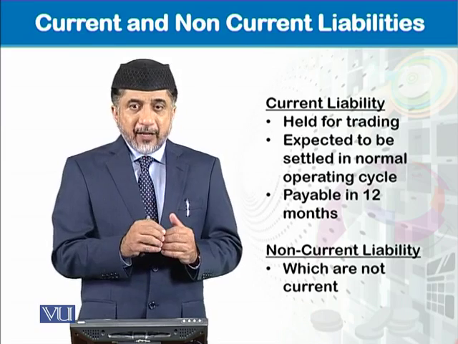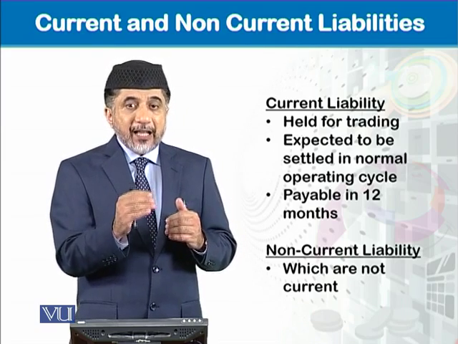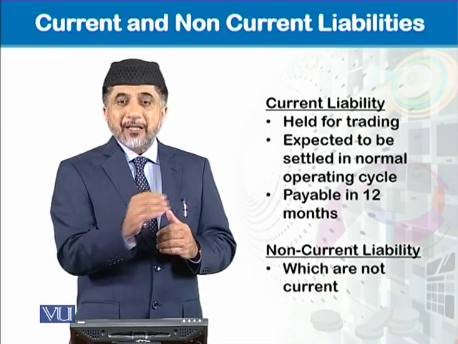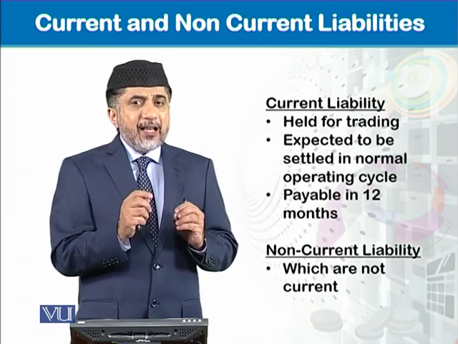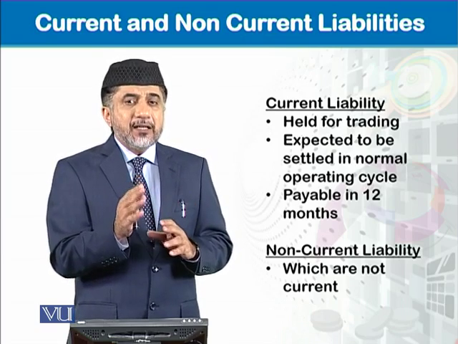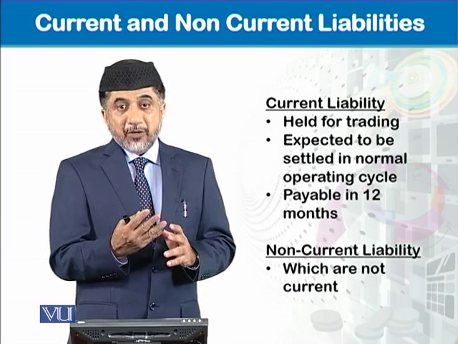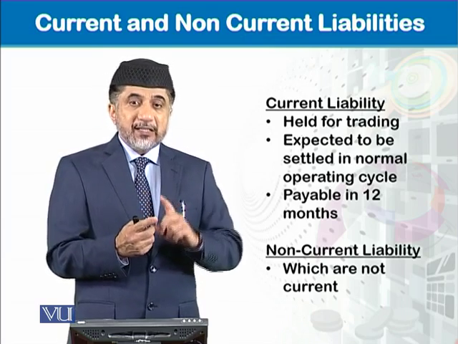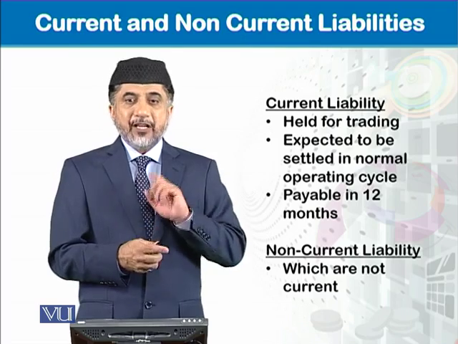So keep in mind that the normal operating cycle can be more than 12 months. Then any liability which is not a current liability is a non-current liability. It is classified separately in the statement of financial position.